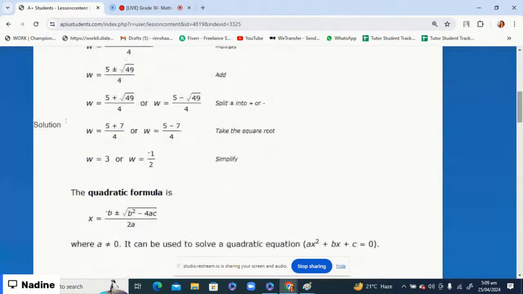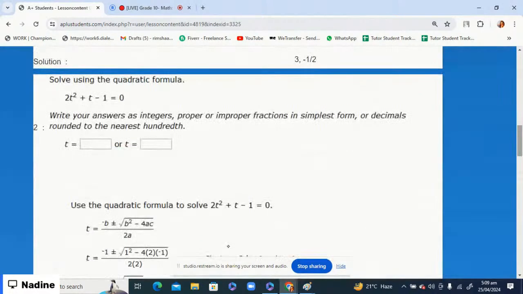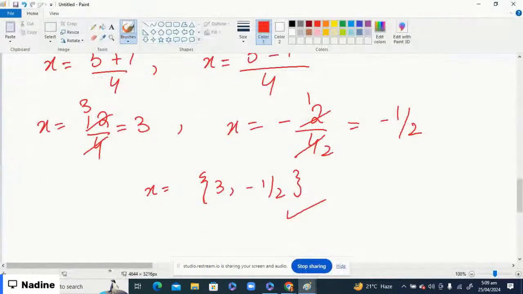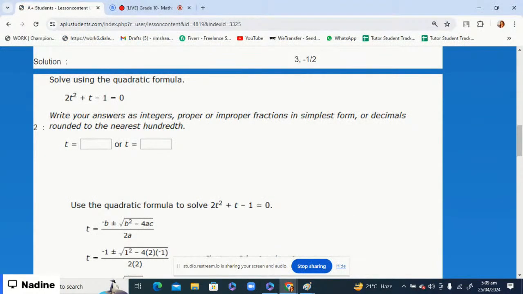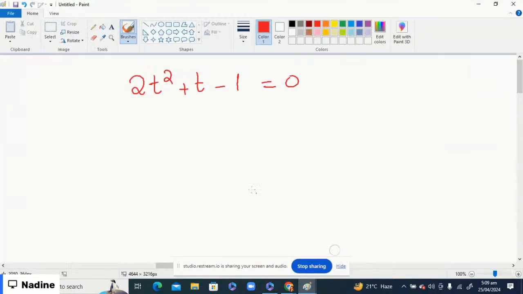This is the question: 2t square plus t minus 1. Let me check it one time. First of all, tell me what is a here, what is b here, and what is c here.